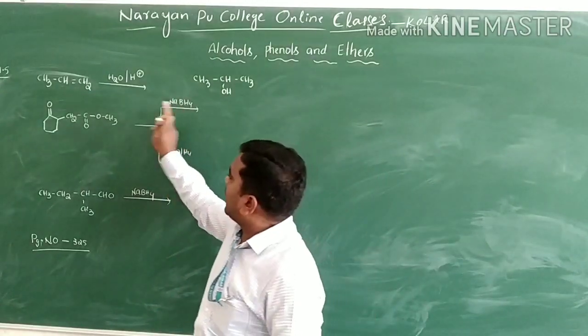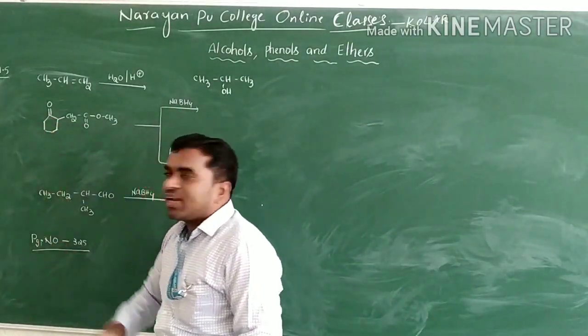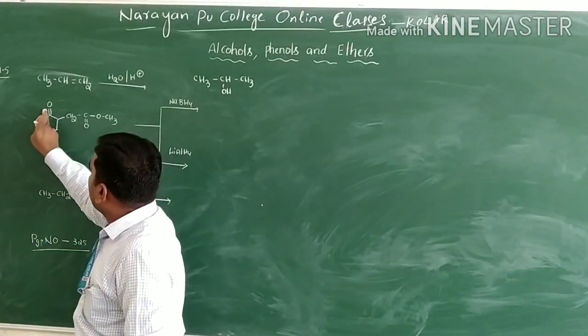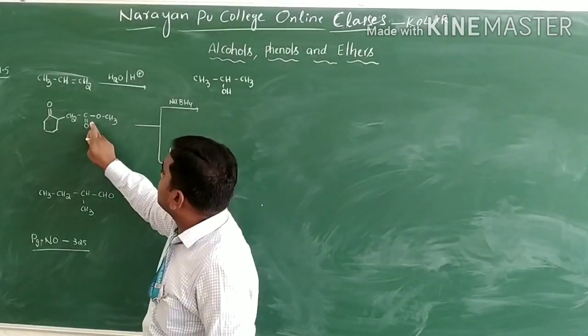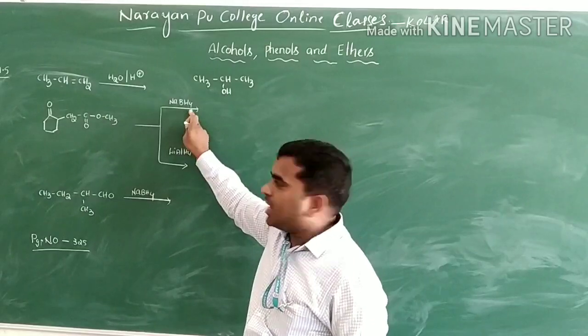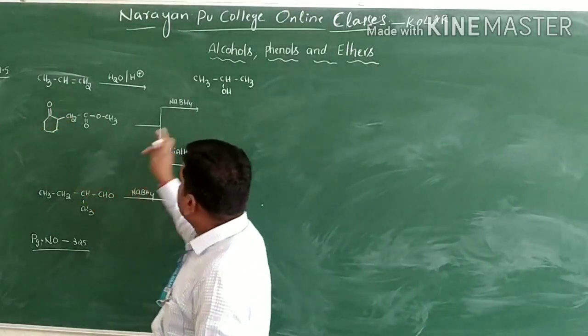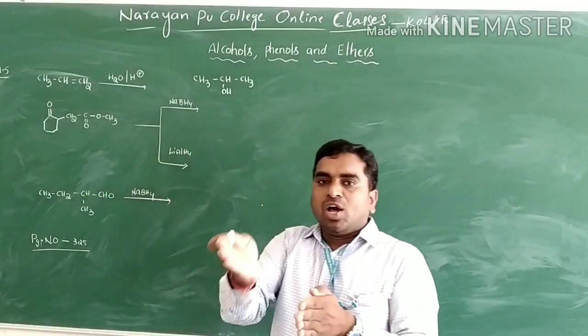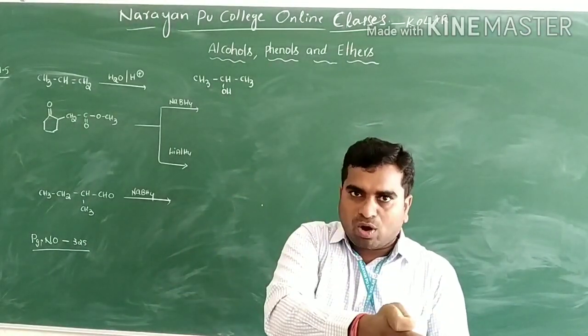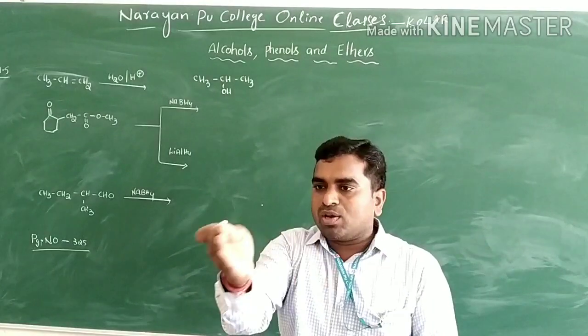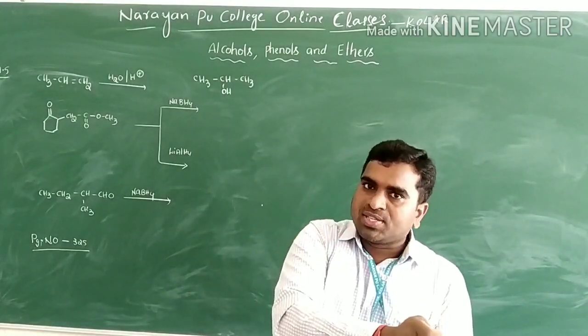Clear? Mainly. So that's why here, in the reaction they have given a ketone and also an ester. But the ester is not reduced by sodium borohydride. Only which one here? Ketone. So that's why ketones are reduced to alcohols. Aldehydes are reduced to primary alcohols. Ketones are reduced to secondary alcohols.